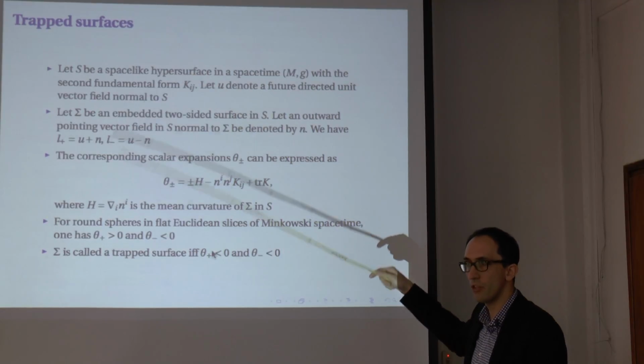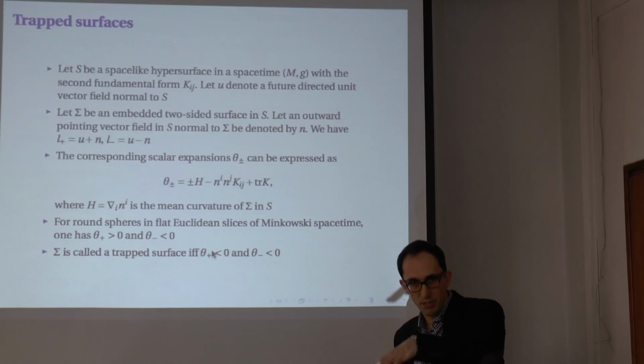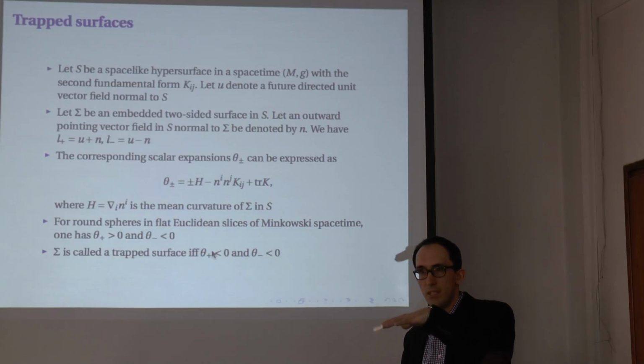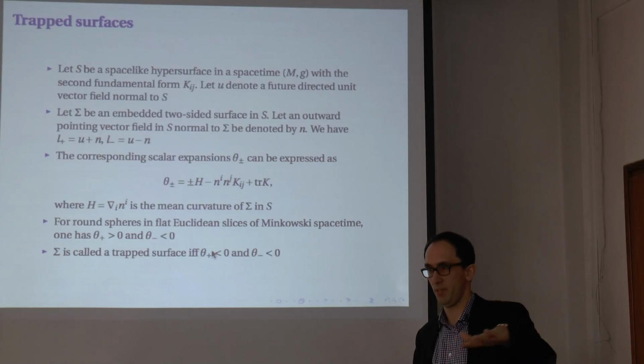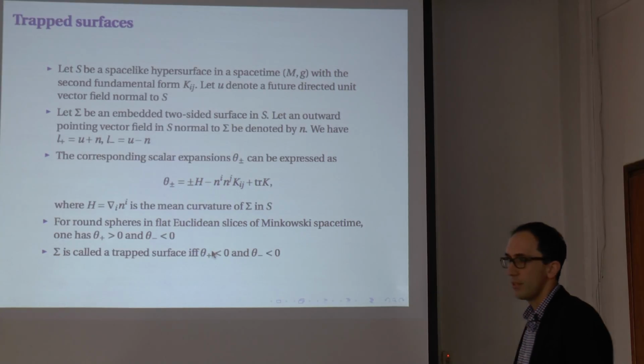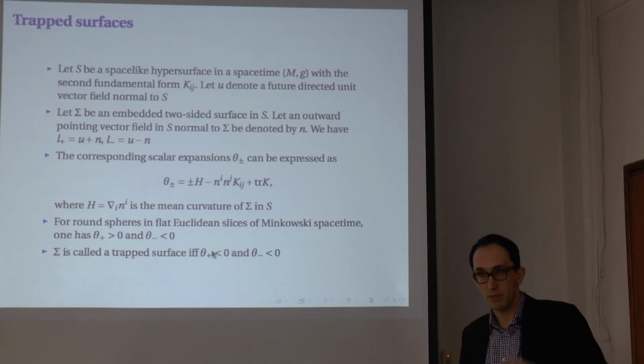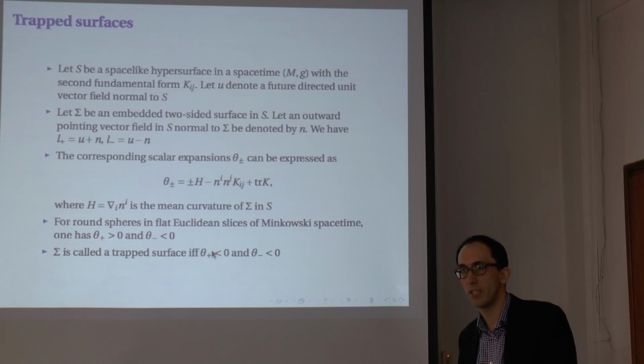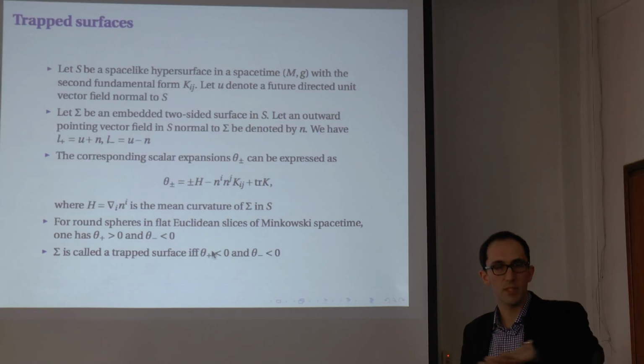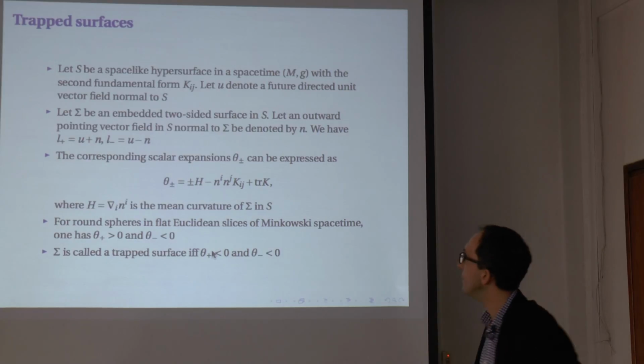So we just consider this sigma as a standard two-dimensional surface which is embedded in a time slice, and then you could think of the properties of sigma as properties of the ordinary surface embedded in a three-dimensional time slice.